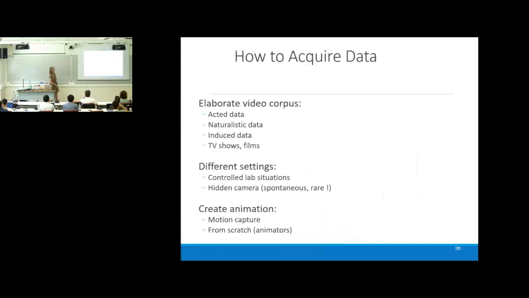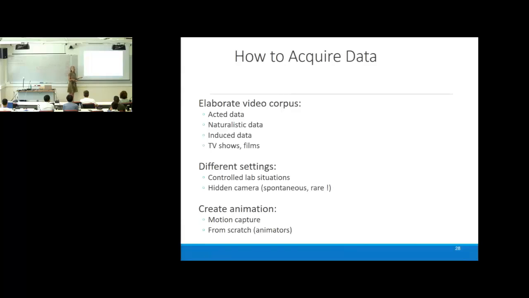So the first thing is to build a corpus. Building a corpus used to be quite easy up to the 80s, where you could put a hidden camera and you had very naturalistic data. Now it's forbidden.